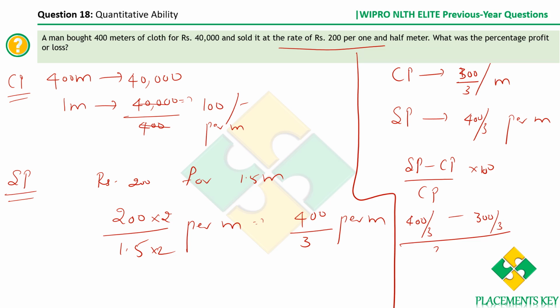So what do we get? 100 by 300 into 100, that is 33.33% profit. Therefore, by selling so, he effectively gets a profit of 33.33%. It's very simple. We are just converting into per meter value so that we can calculate the profit or loss percentage.